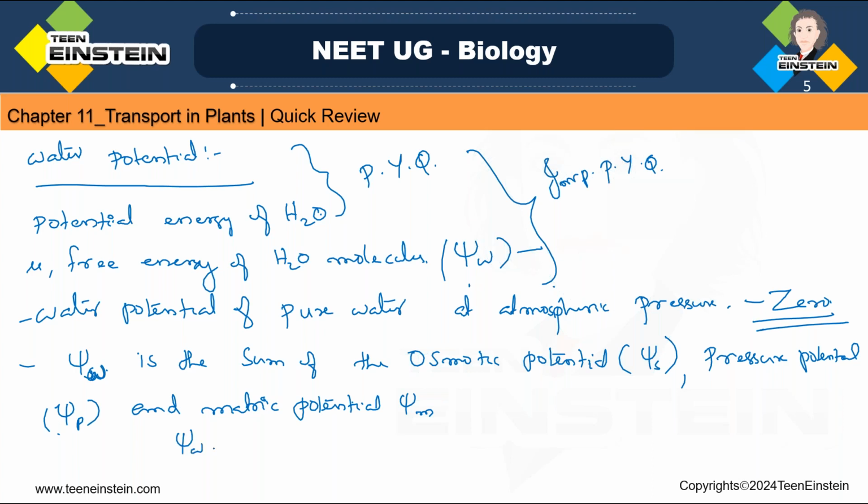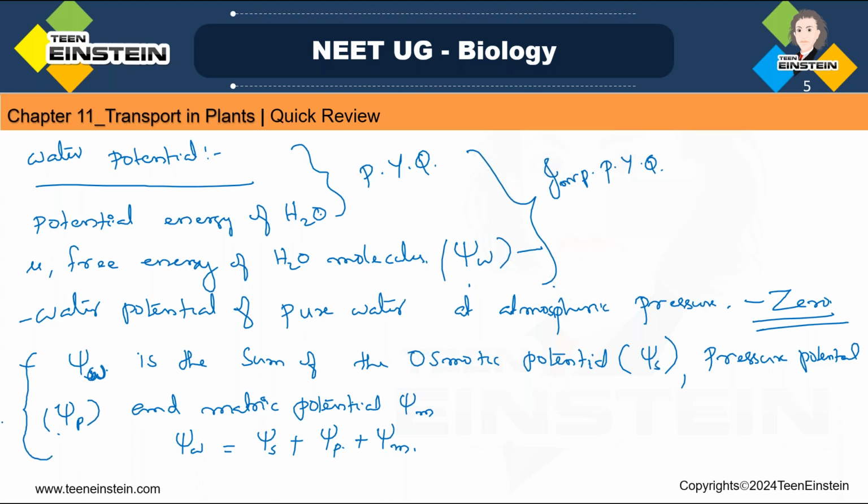Water potential psi W is equal to osmotic potential psi S plus pressure potential psi P plus matric potential psi M. So you should not forget this.